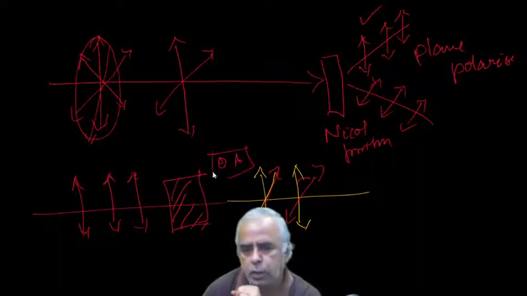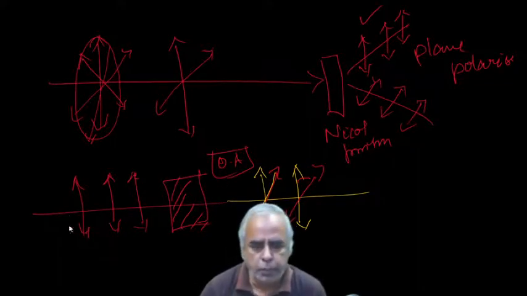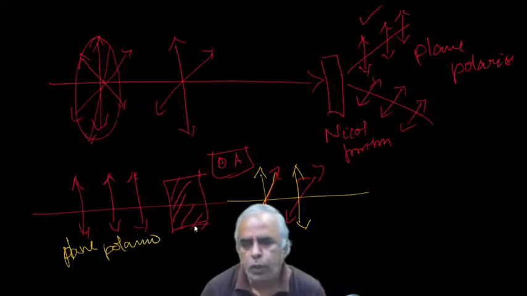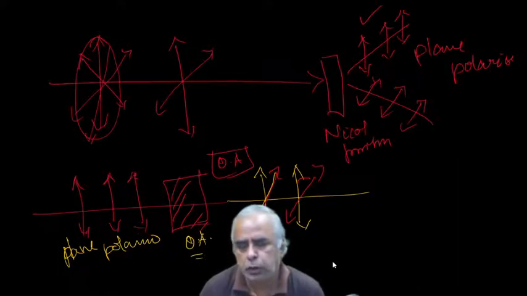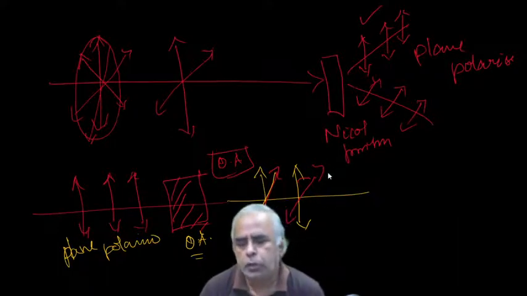Are you able to understand? So what is optical activity? When plane polarized light is passed through an optically active solution like sugar, it gets slightly rotated either to the right or left side.